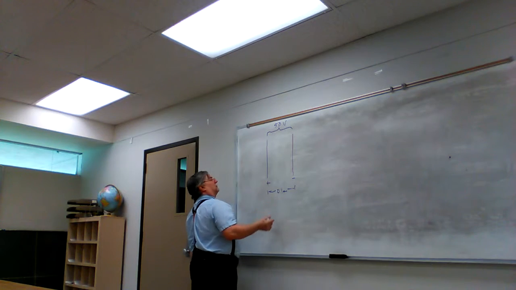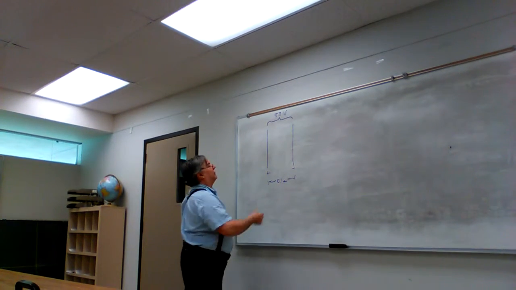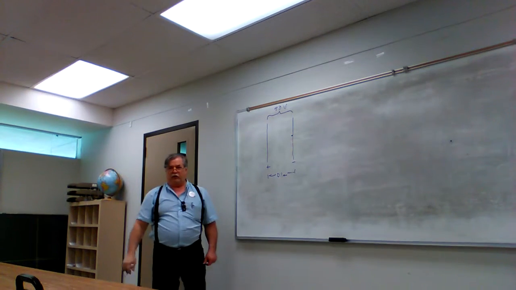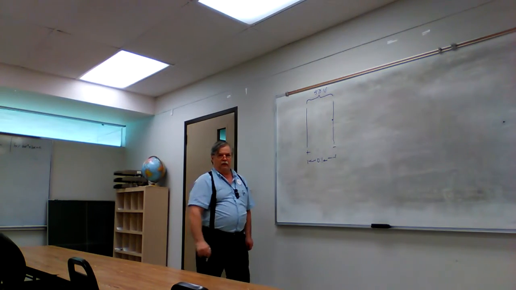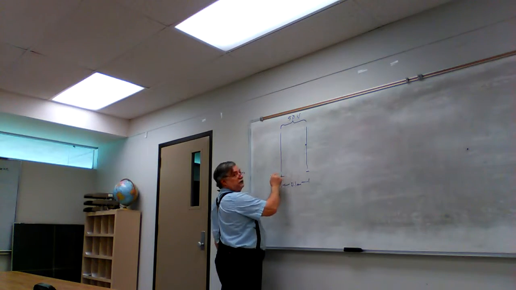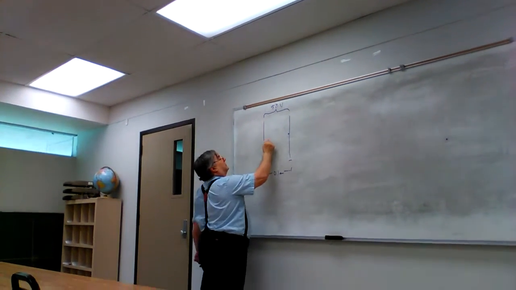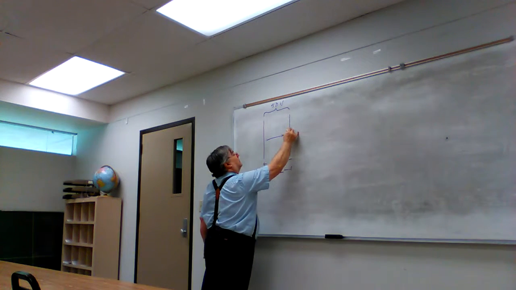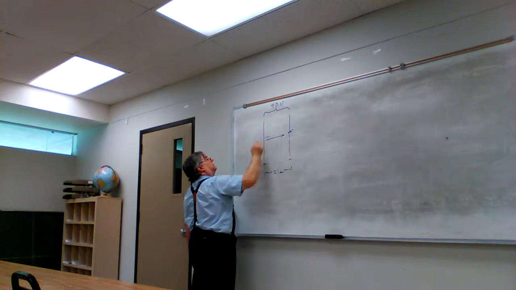Okay, so we're 0.1 meters apart. We put an electron right here and we release it from rest. Because this is the positive plate, E field's pointing that direction, the electron is going to be accelerated this direction.